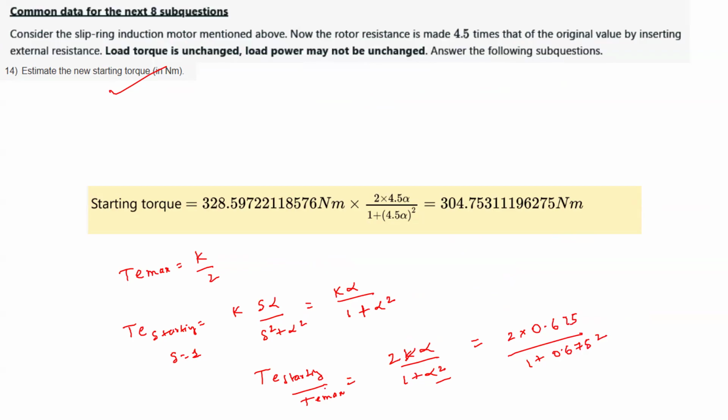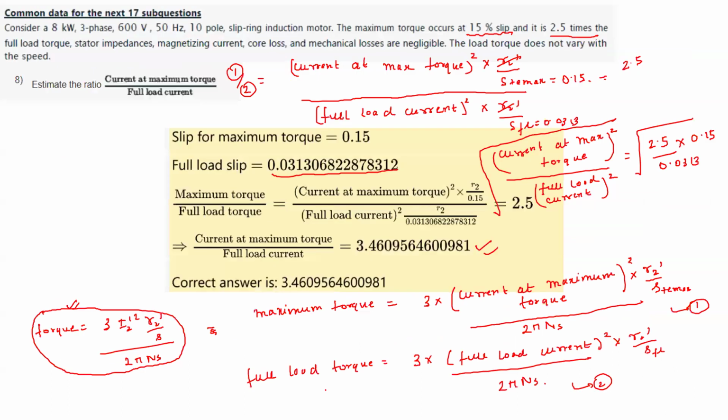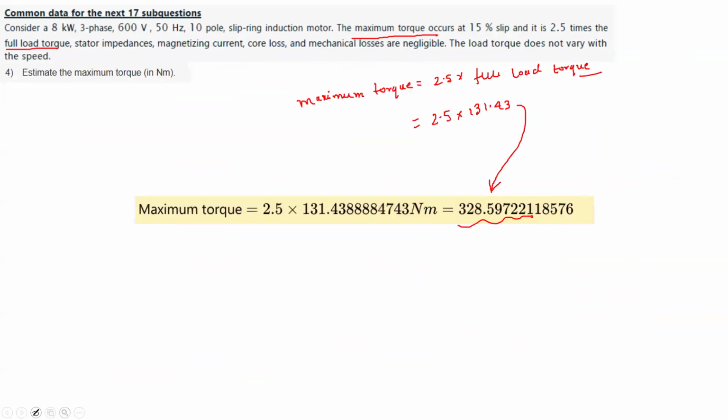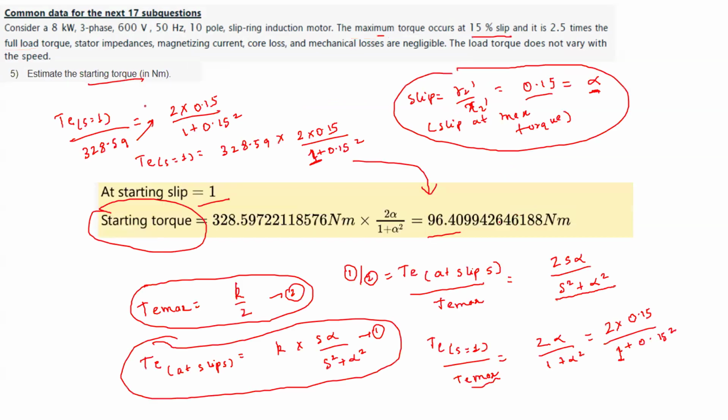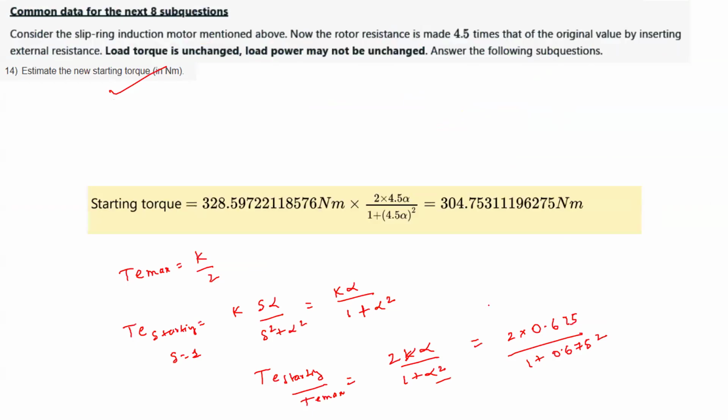So T starting we have to find. T max we know is same as the previous question. What was the T max value? Maximum torque is the same as the previous question. This is 328.597. So we have to put here T starting by 328.597 is equal to 2 into 0.675 by 1 plus 0.675 square.